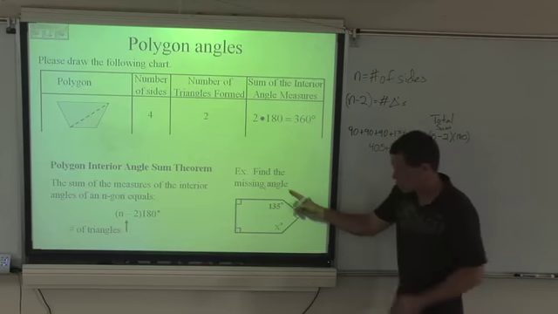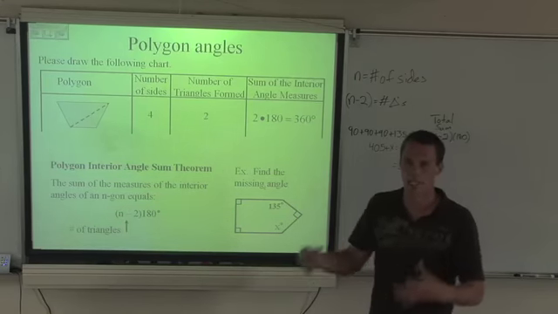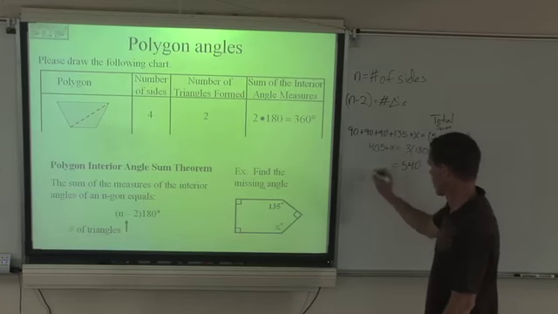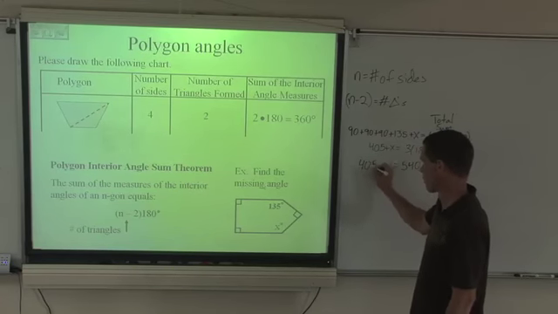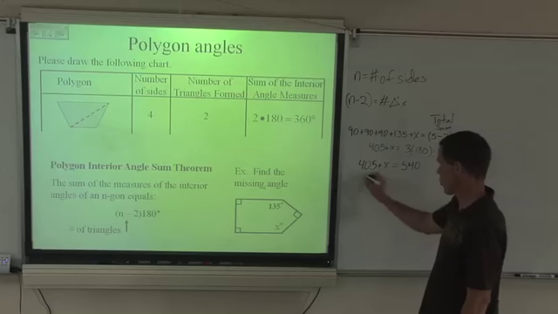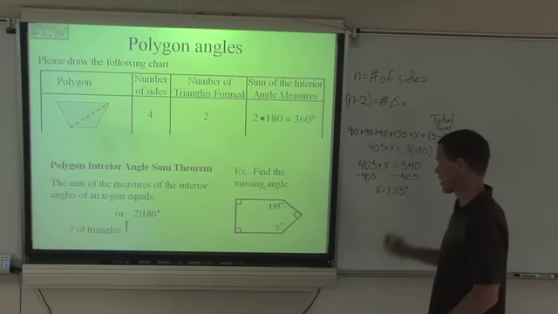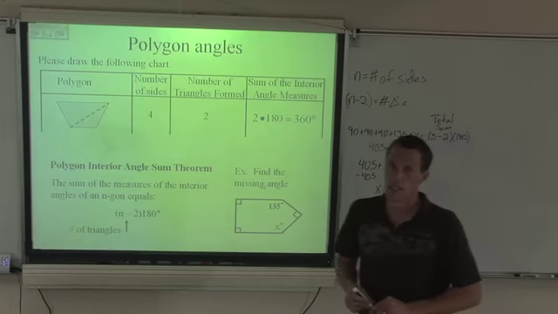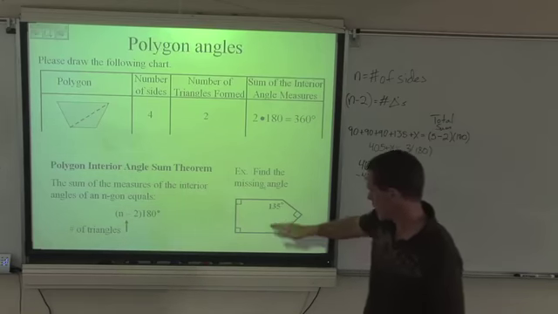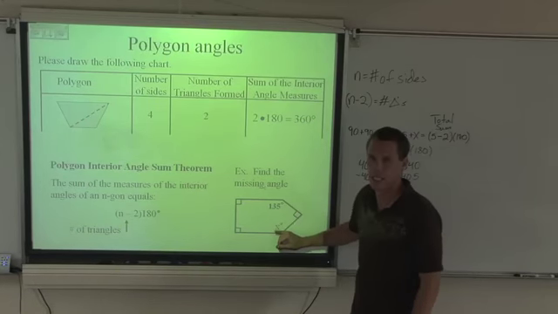The 5 angles inside this shape must add up to 540. I already have 405 of that, so I'm going to subtract the 405 and end up with x is equal to 135 degrees.